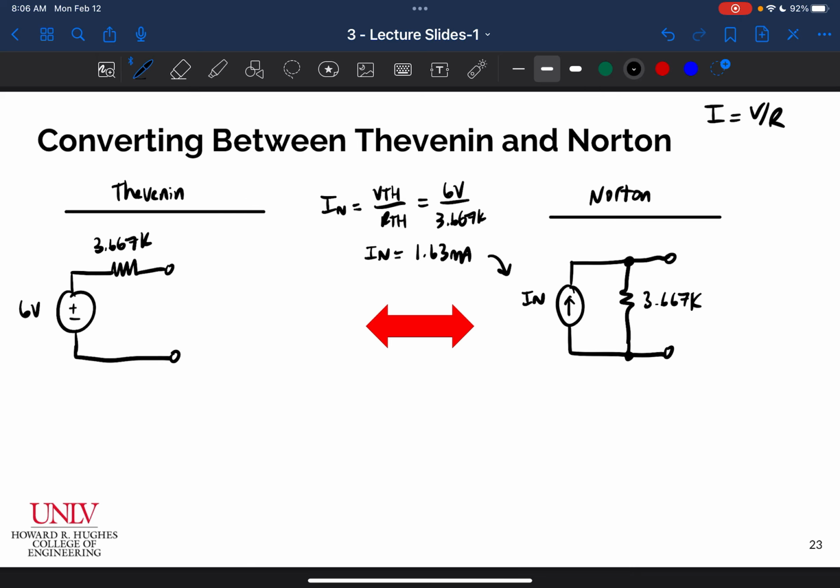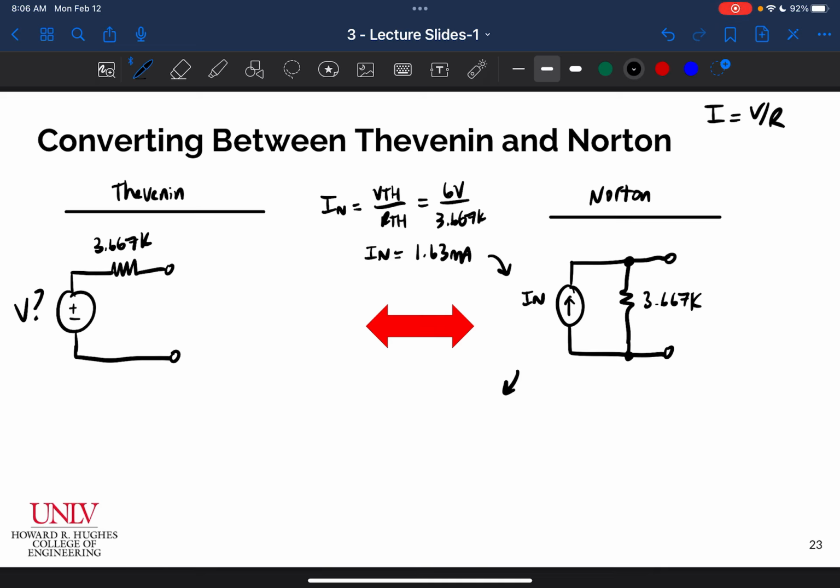So basically, if I have two of the three quantities, whether I have the Thevenin voltage and the Thevenin resistance, or I have the Norton current and the Norton resistance, I can find the third quantity simply using Ohm's law. And if I wanted to go the other way, let's say I already had my Norton equivalent circuit and I didn't know my Thevenin voltage and I'm wondering what that voltage is.